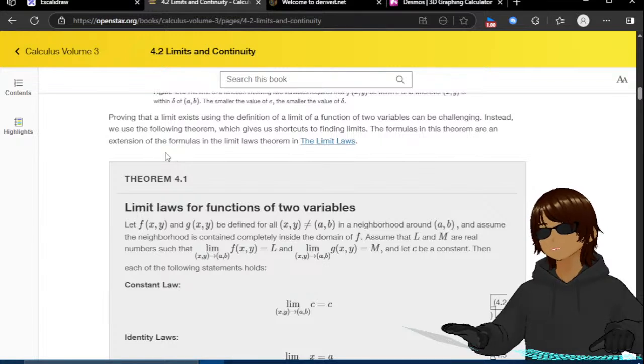Proving that a limit exists using the definition of a limit of a function of two variables can be challenging. Instead, we use the following theorem, which gives us shortcuts to finding limits. The formulas in this theorem are an extension of the formulas in the limit laws theorem.